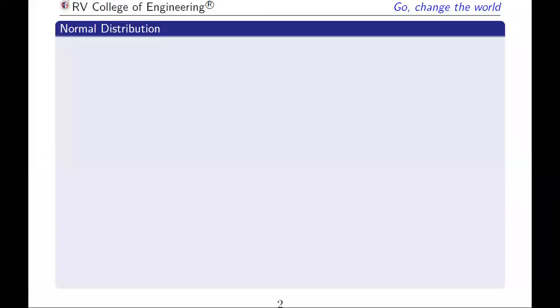Before we consider the normal distribution, let me ask you a question. What is normal? A physician says there are normal intervals for a person's blood pressure, cholesterol, and so on. For example, the normal range of blood pressure is 110 to 140.